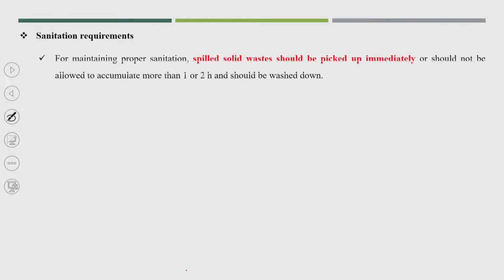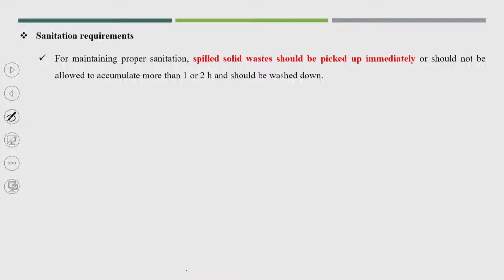Now, another very important requirement is the sanitation requirement. For maintaining proper sanitation, spilled solid waste should be picked up immediately, or should not be allowed to accumulate for more than 1 or 2 hours, and should be washed down. So, this is one thought to maintain proper sanitation.